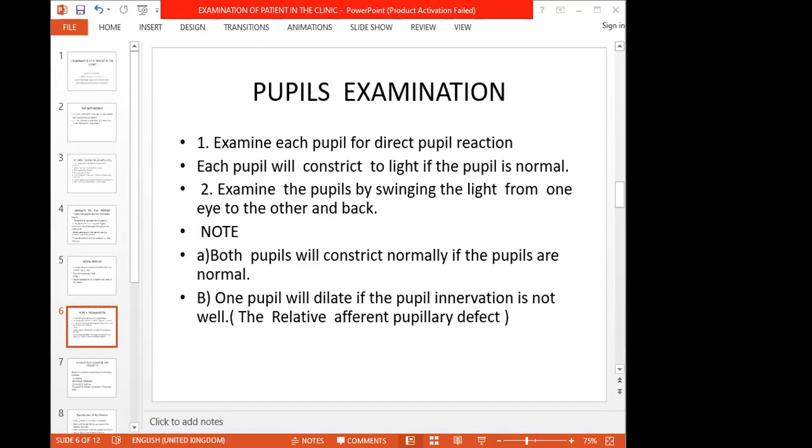Long-standing severe anterior uveitis can lead to that, where the pupil is completely stuck on the lens. Obviously, even if you shine, there will be no pupillary reaction because it's stuck. But where it's not stuck and not reacting while you shine there, then that's an absolute afferent pupillary defect.